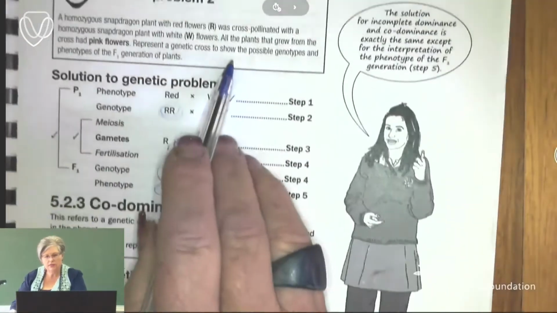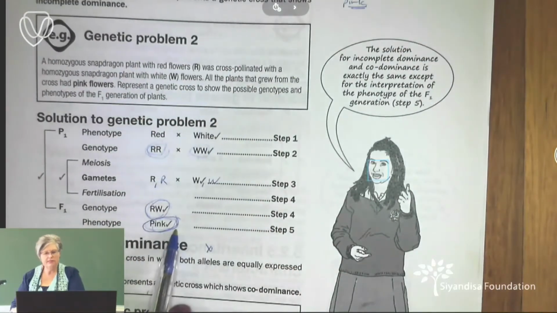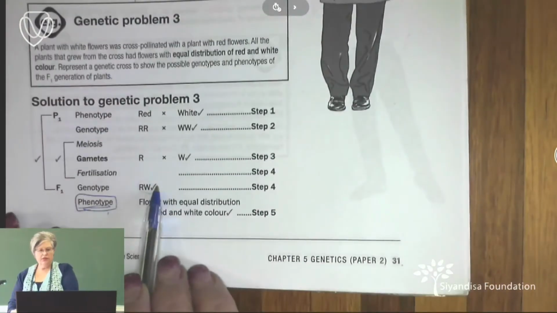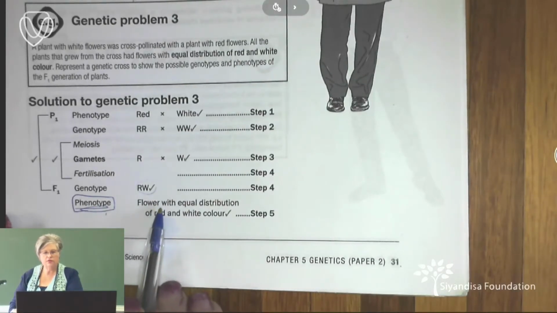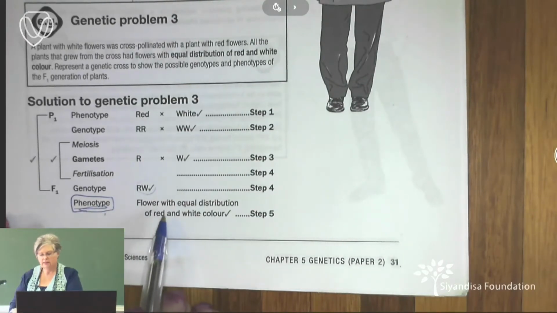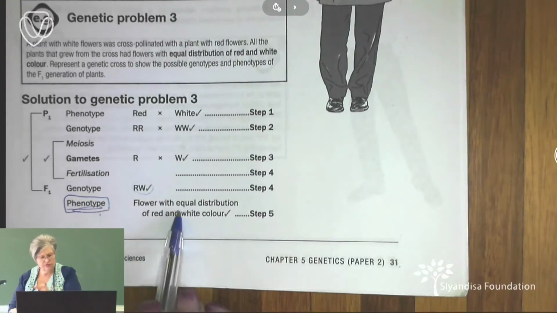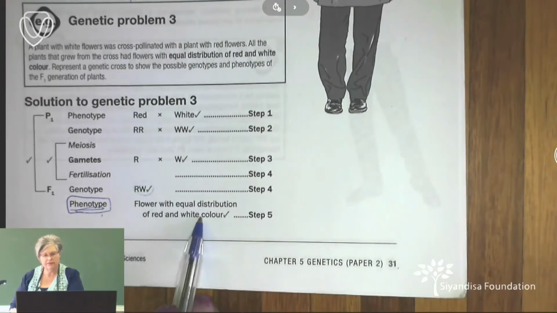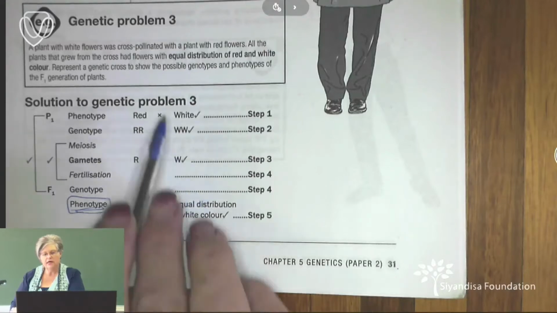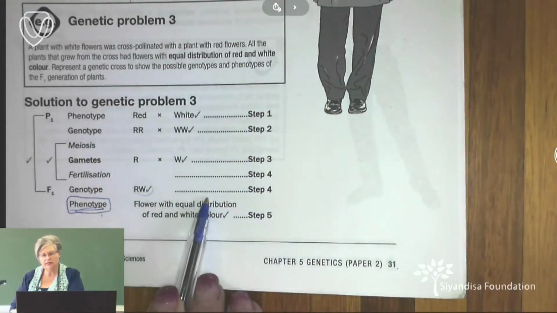In incomplete dominance, the phenotype is pink, and in codominance, the phenotype is white flowers with red spots, or red flowers with white spots. It doesn't matter. Okay, so this is the only way that we differentiate.